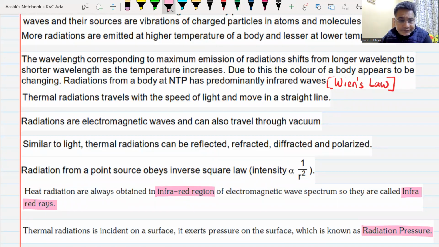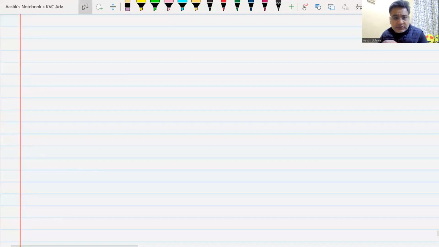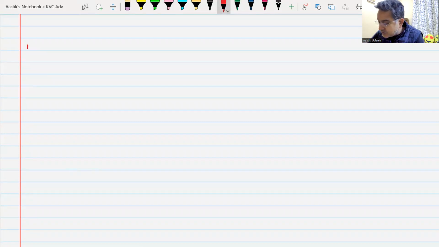Well, let us now move on to certain definitions. Before moving on, let us first do this, and we write the heading Prevost theory of exchange.